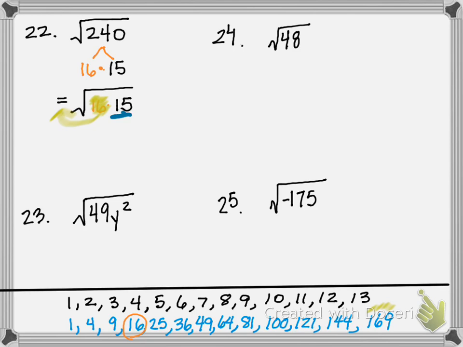I cannot square root 15, so it is going to stay inside its house. So when I square root 16, it's not going to be 16 anymore. It's going to come out as a 4. But I'm still going to have square root of 15, and the 4 and square root of 15 just get multiplied together. And the way we would say this is 4 square roots of 15. And now your radical is simplified.